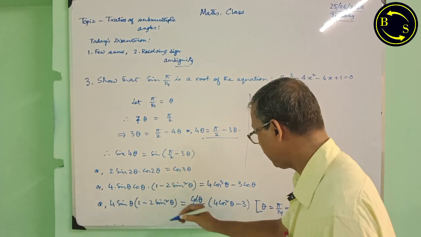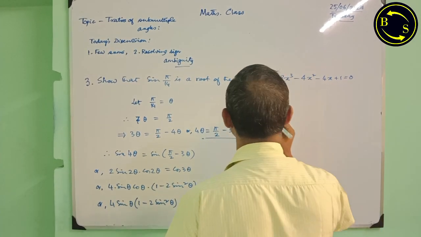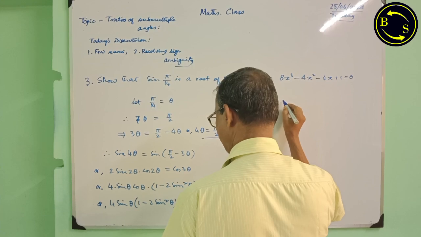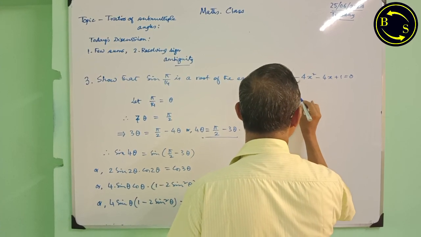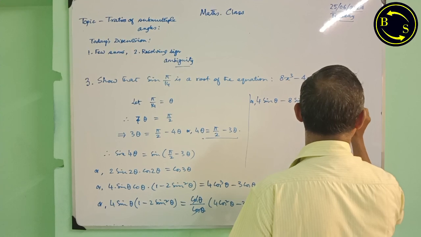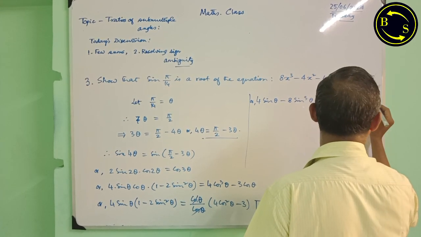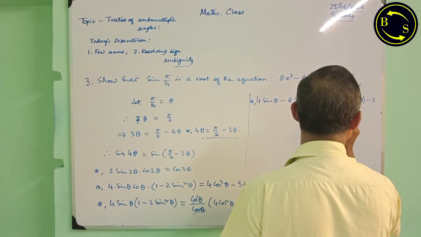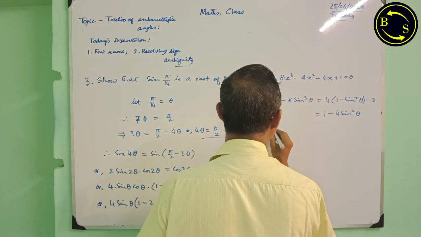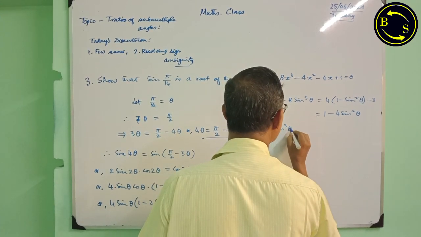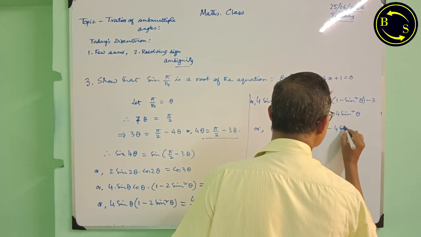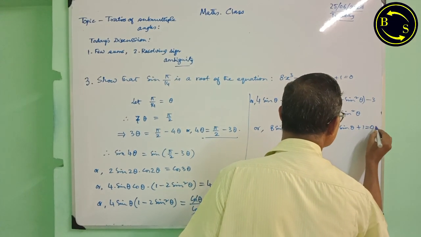Now I simplify this and take all the sine terms on the left side, or 4 sine theta minus 8 sine cube theta is equal to 4 into 1 minus sine square theta minus 3, that is 1 minus 4 sine square theta, or 8 sine cube theta minus 4 sine square theta minus 4 sine theta plus 1 equal to 0.